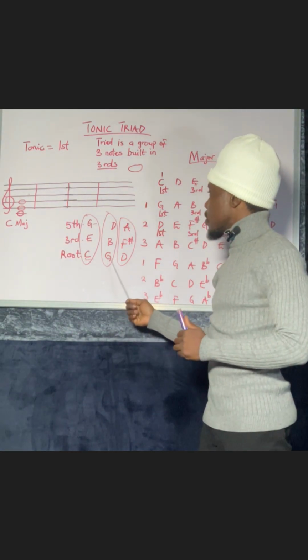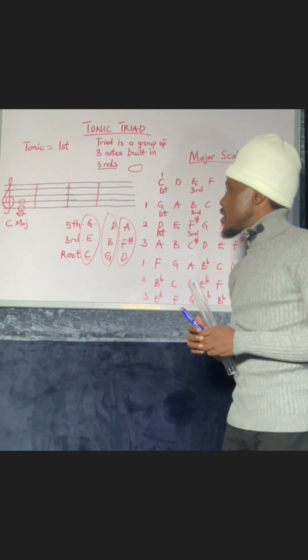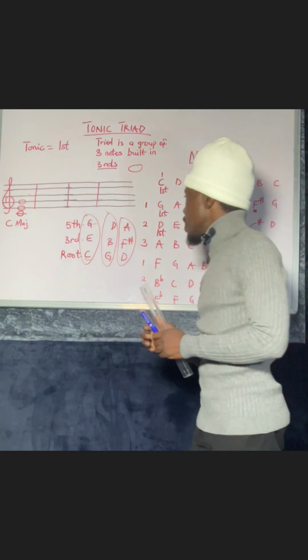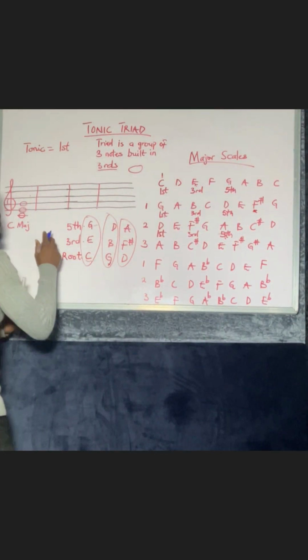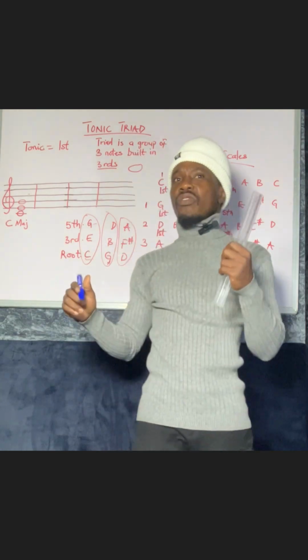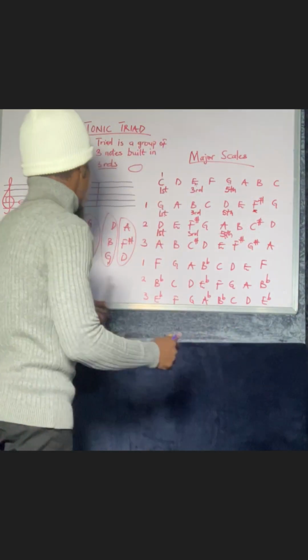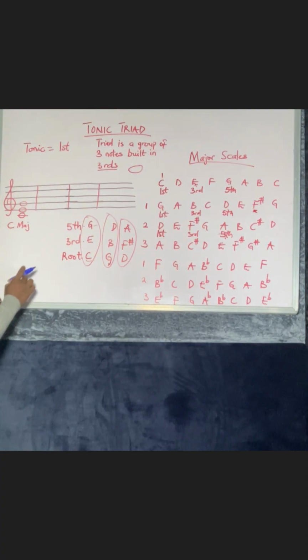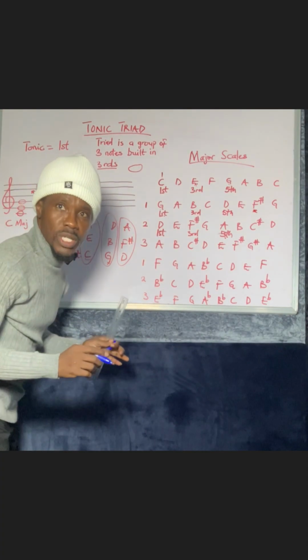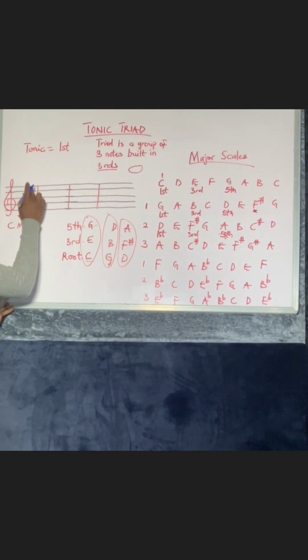Let's check the next one. G, B, D. How do we write G, B, D on the staff? Where do we have G? Okay, before we go to that, let's go back to the C. You can also decide to start from here, because the third space of our C major is also letter C. So I can equally do that there.